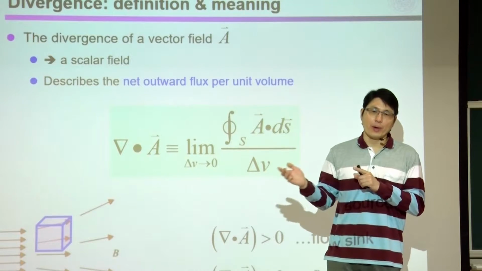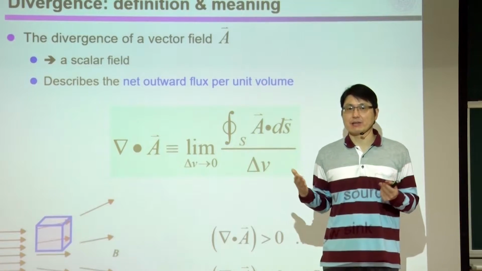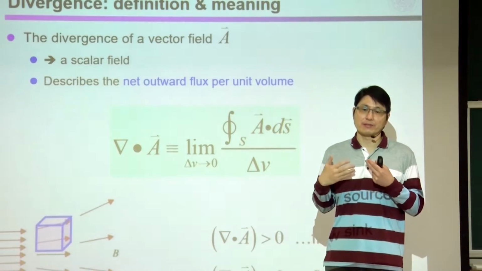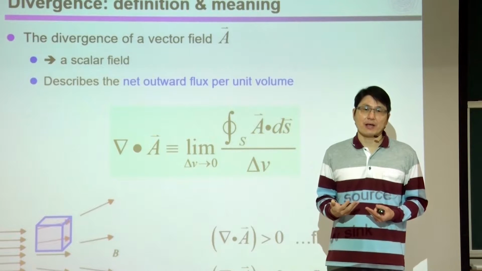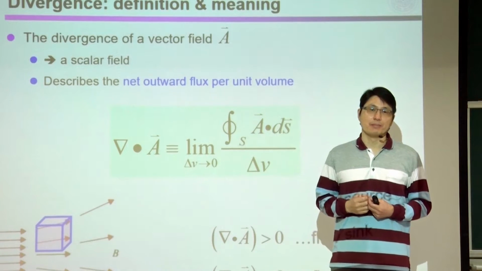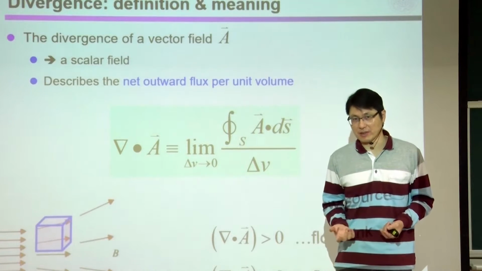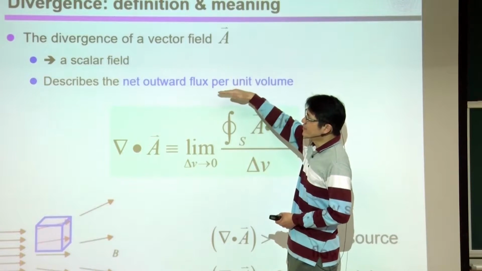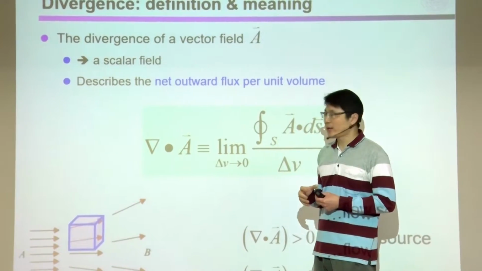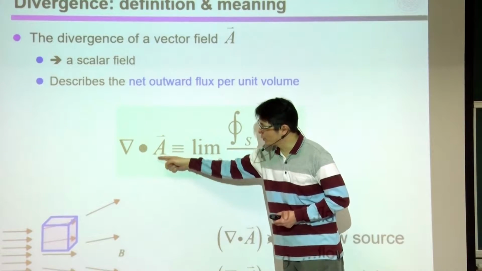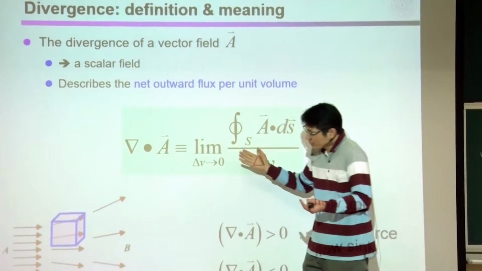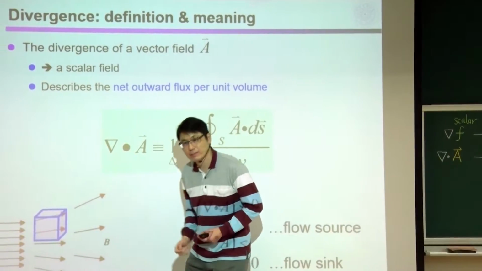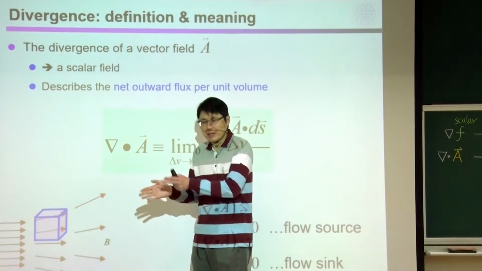As you can see, the way I'm teaching vector analysis or calculus, I'm not emphasizing the derivations, but rather the physical meanings. If you can understand and embrace the physical meanings, you don't really have to memorize a lot of things. So for divergence, the definition is that you're trying to sample a vectorial field A, which may be drawn as these lines, like some kind of flow of water.